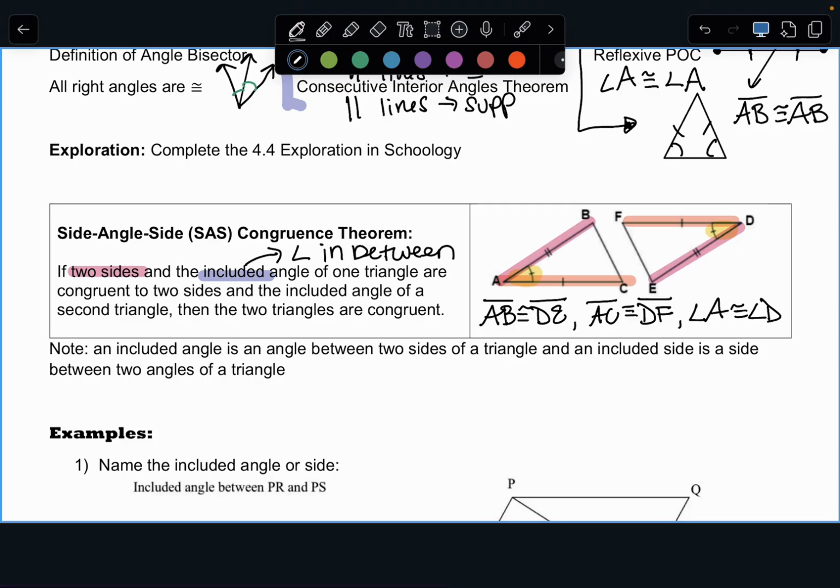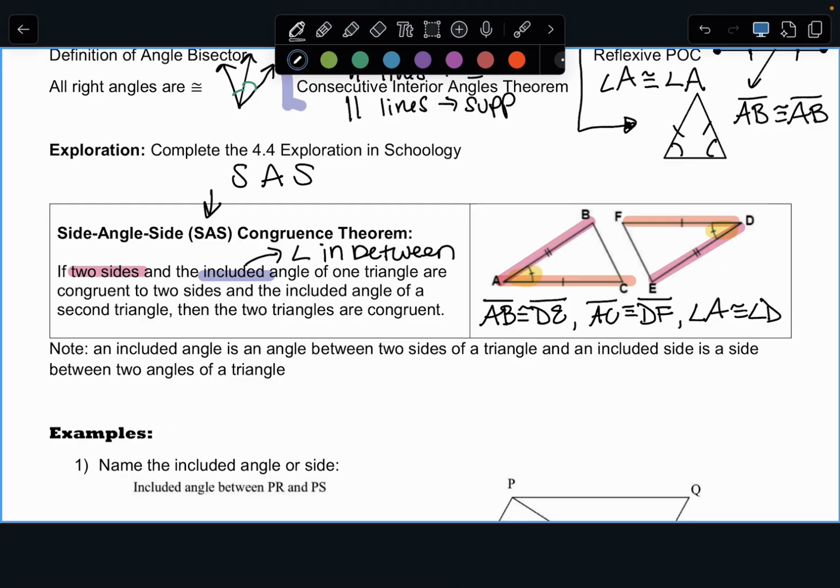Okay? All of the theorems that we name are going to be using the letters S and A to represent sides and angles. And the order of those letters kind of tells you the order that your picture should appear in. Meaning, if we have SAS, this means we have a side, an angle in the middle, and then another side on the other side of that angle.